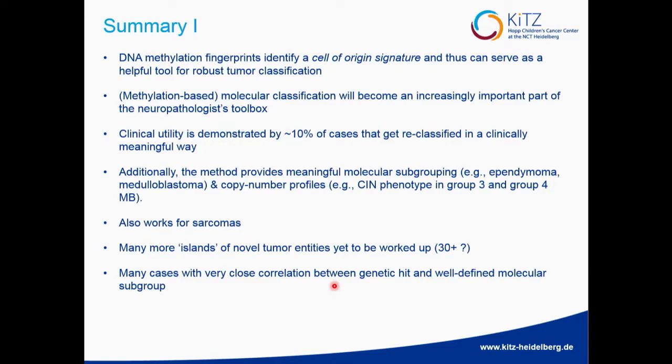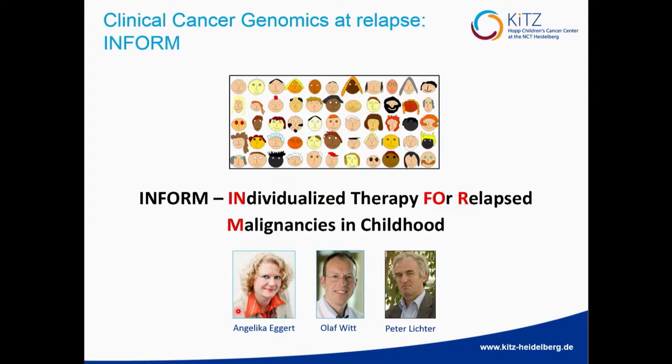Many of these cases have a very close correlation between a genetic hit and the defined molecular subgroups. We definitely have the advantage, especially in pediatric tumors, that these genetically less complex diseases are often driven by a single genetic driver or a few genetic drivers, so it's a little easier to understand them, really.